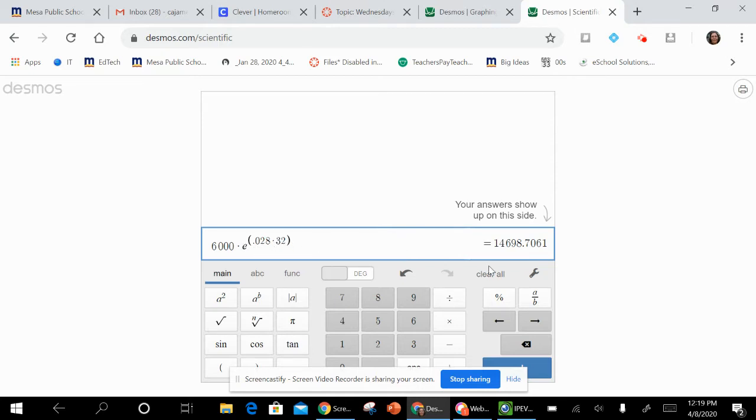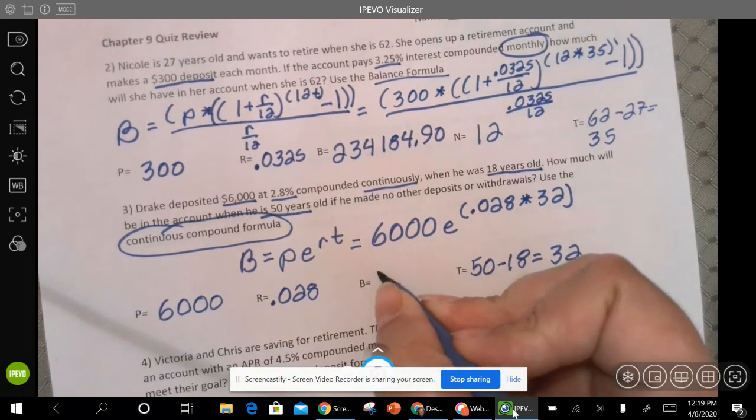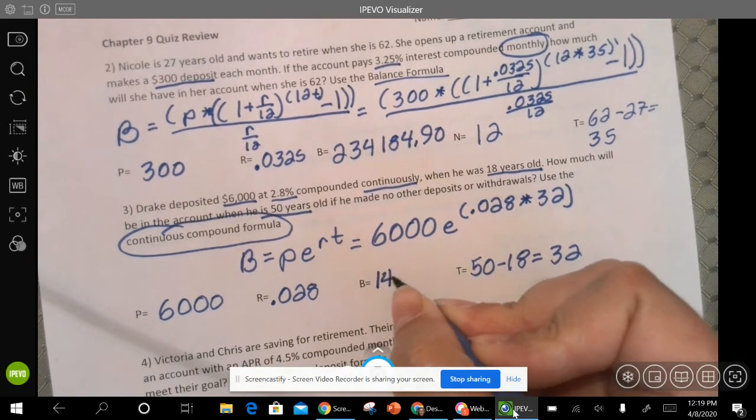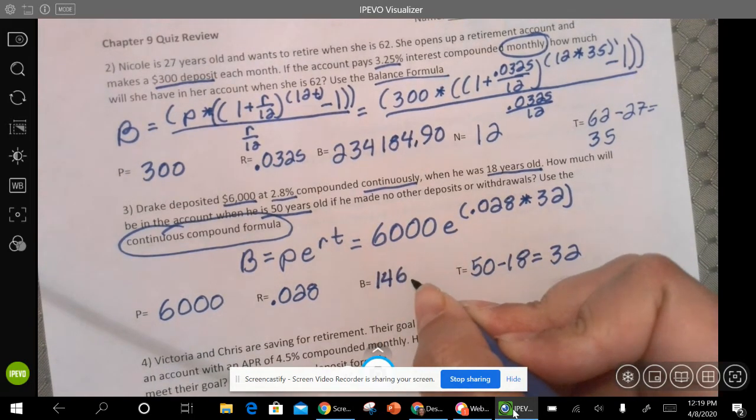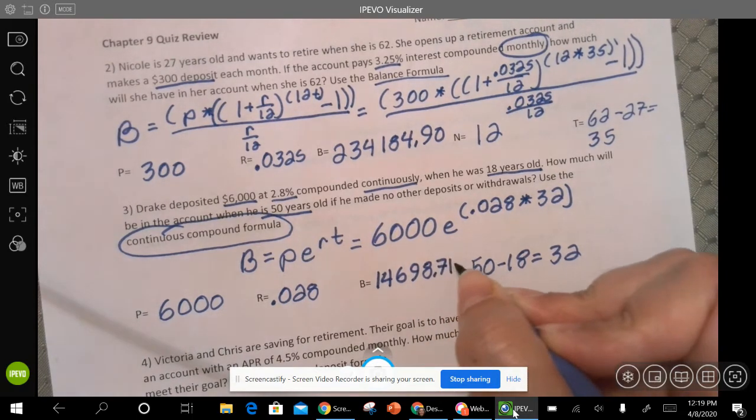Notice with this, we are going to have to round to the cents place. So our balance is $14,698.71.